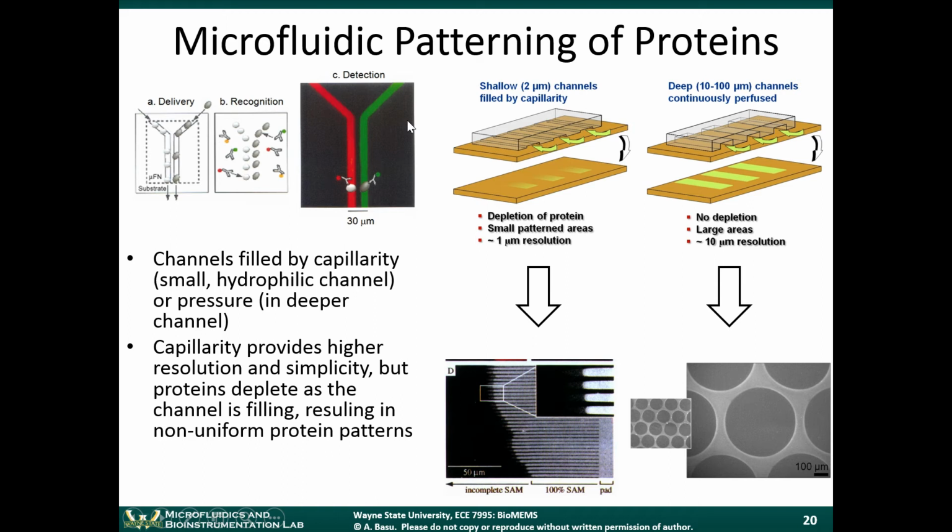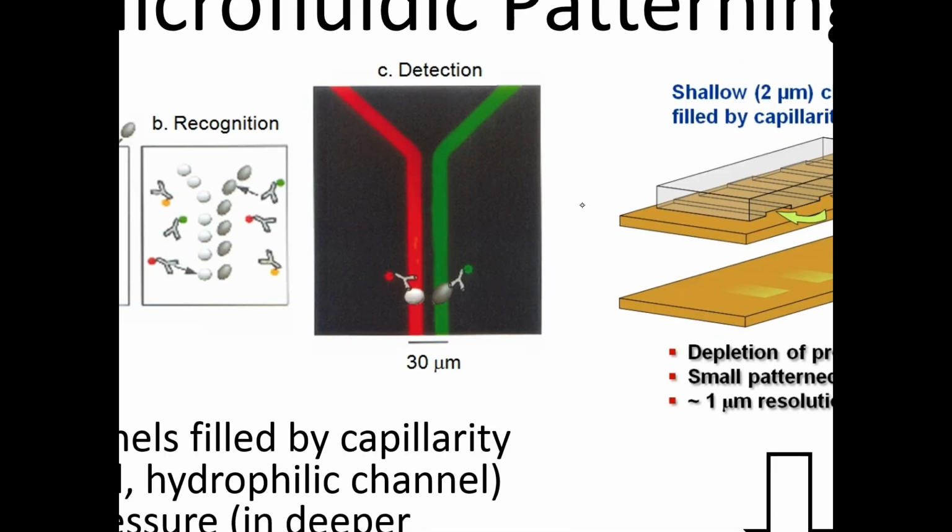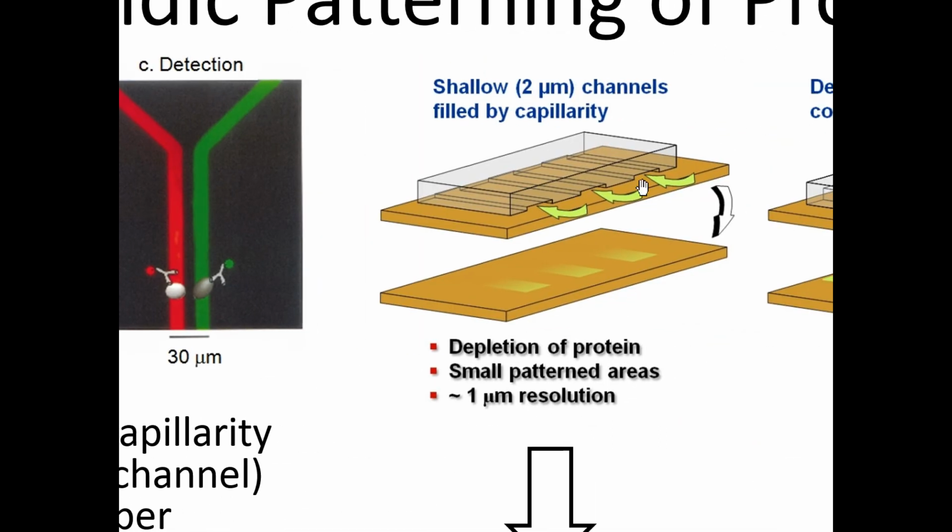We already talked about microfluidic patterning of proteins. This slide just goes into some more details. The idea here was that you had a microfluidic channel, and in that channel you flow the protein solution, and the proteins will physisorb to the surface below it, and then you could just take the channel off afterwards.